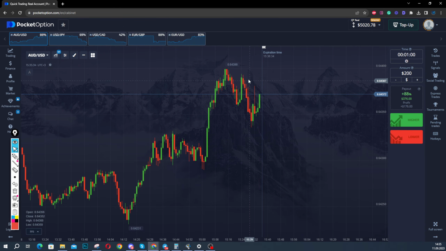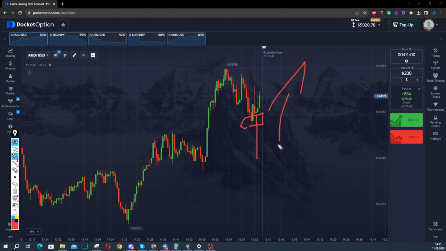Here we see a rejection from above, but this is clearly an uptrend. If we got a rejection from here like this, I definitely would go long, 100% for a right entry.